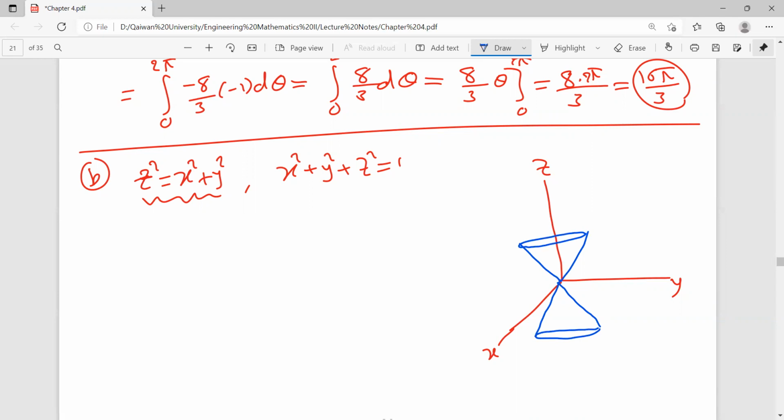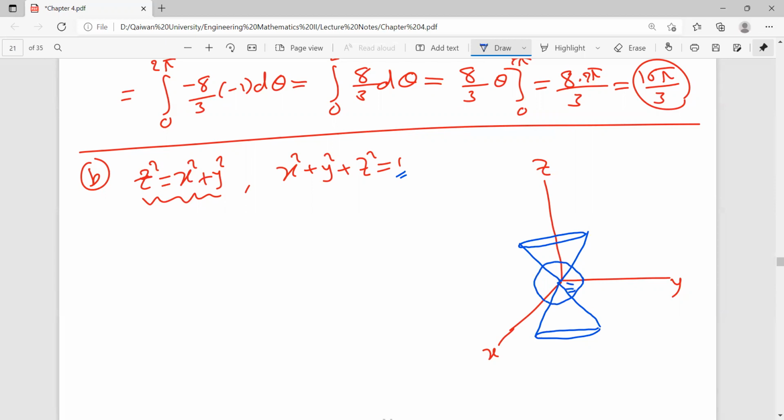And the graph of this sphere, its radius is 1. This r squared means r is 1. The sphere is like this. It says the solid is inside the sphere and outside the cone.